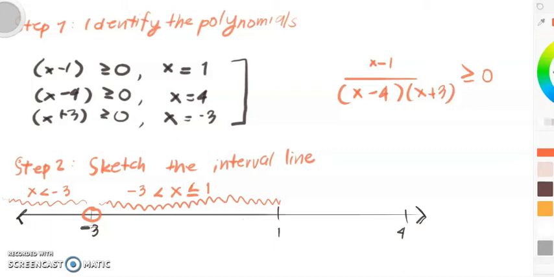If we put 1 in all the x's in the rational inequality, 1 minus 1 is equal to 0, so the numerator would be 0 on the spot. So we have a rational inequality that satisfies greater than or equal to 0. To remind us that the value 1 is included, we draw a solid circle.